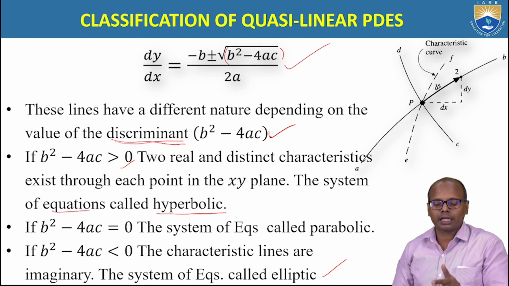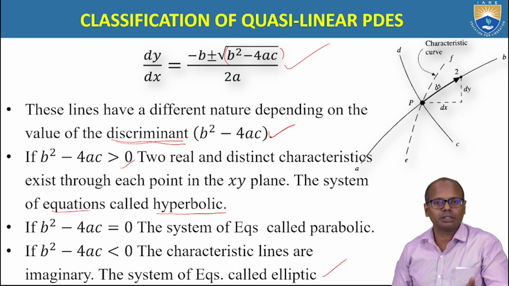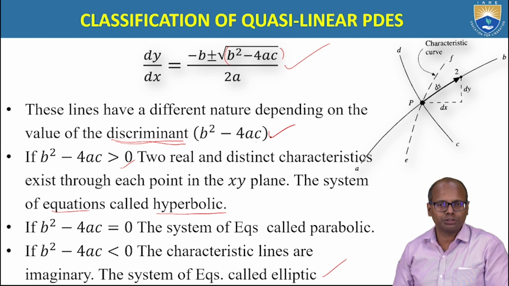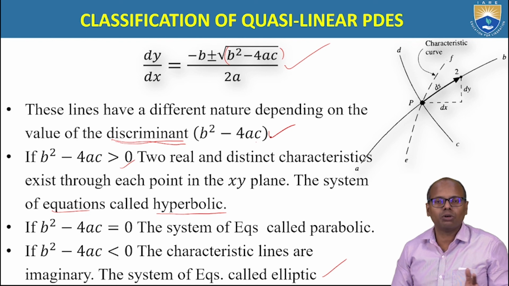The quasi-linear partial differential equations are hyperbolic if this discriminant is greater than 0, parabolic if it is equal to 0, and elliptic if it is less than 0. So this is about the classification of partial differential equations.